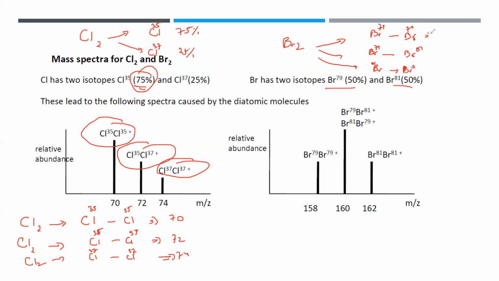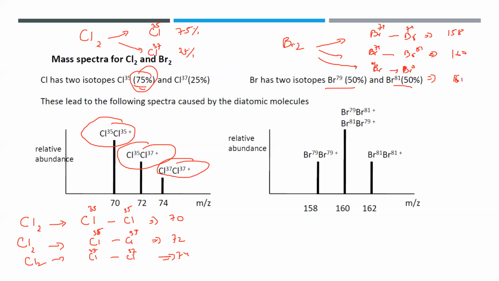So if both of them are 79, we'll get a peak at 158 because 79 plus 79. One is 79, one is 81, so we'll get a peak at 160. And both are 81, so we'll get a peak at 162.